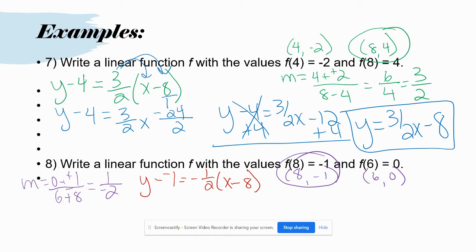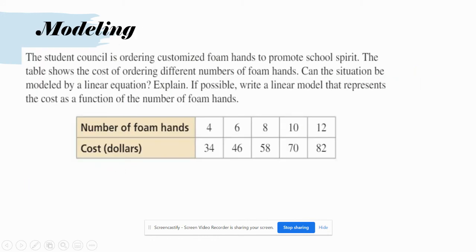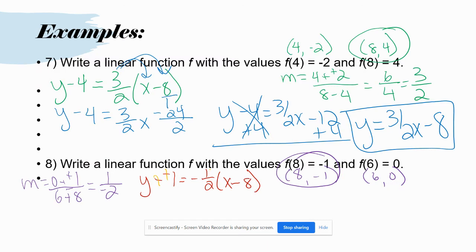From here, I'm going to clean up, add the opposite there, and distribute that negative 1/2. So we have y plus 1. Negative 1/2 times x is negative 1/2 x. Negative 1/2 times negative 8. A negative times a negative is a positive, and half of 8 is 4.